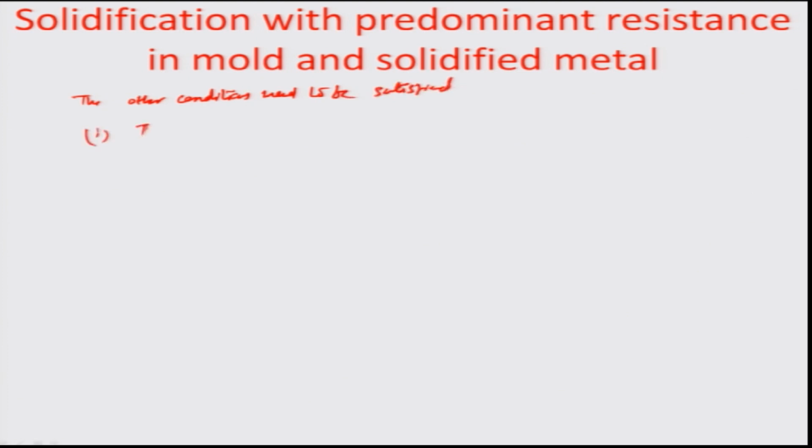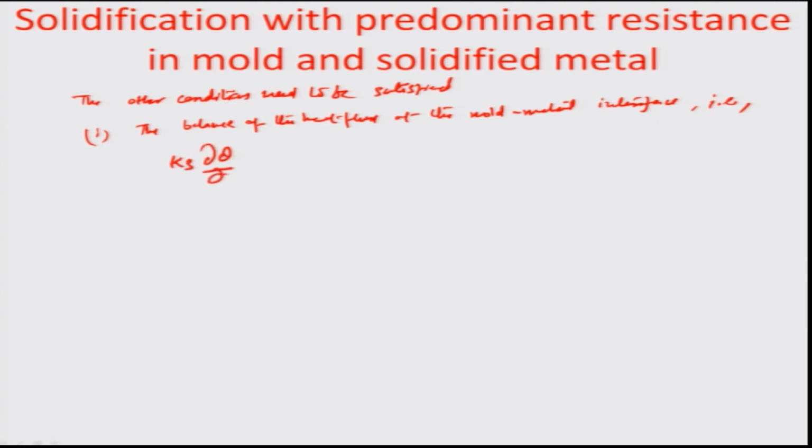One of them is the balance of the heat flux at the mold metal interface, that is Ks times del theta by del x at x equal to 0 plus.